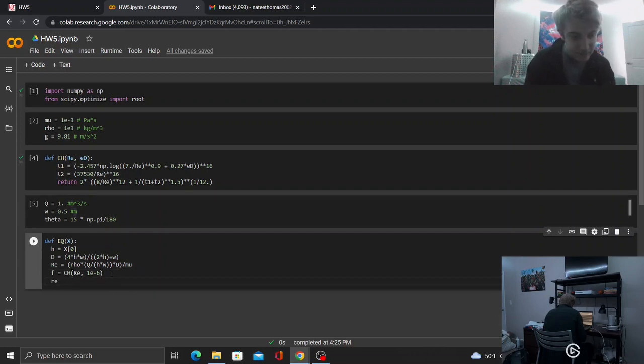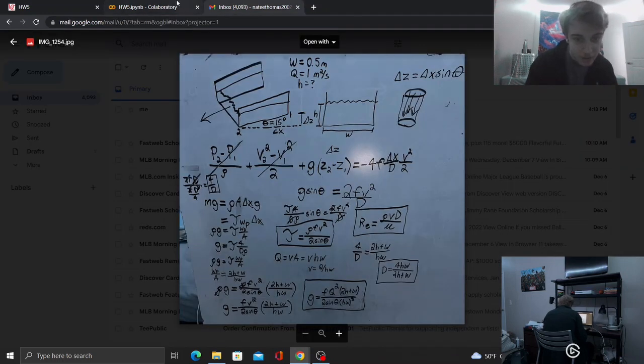And now what will we return? So we're going to want to return the acceleration due to gravity minus our big equation that we found on the whiteboard right here.